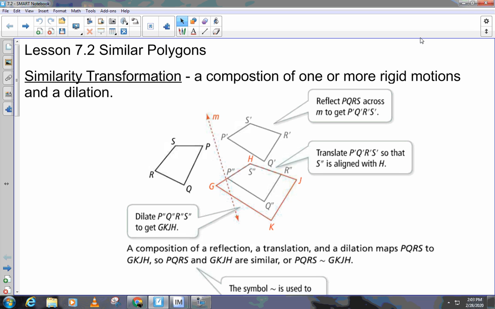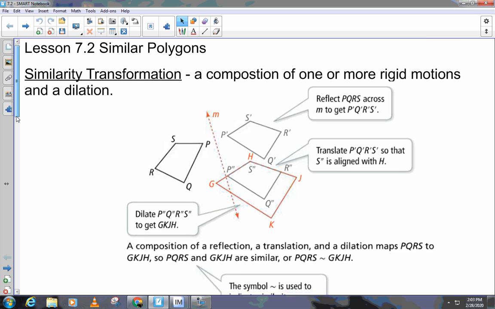They reflected it, translated it, and then made it larger. So if you compare PQRS with JKGH, then they are similar.